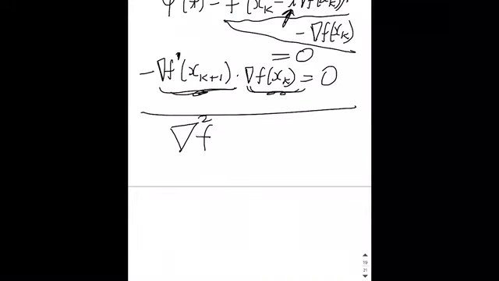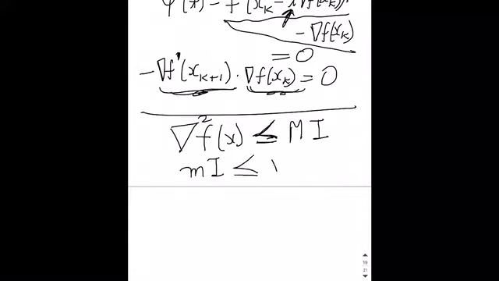We will assume that x is less than or equal to, this is a conic generalized inequality, M times I, and we also assume a second condition. So we will assume these two.